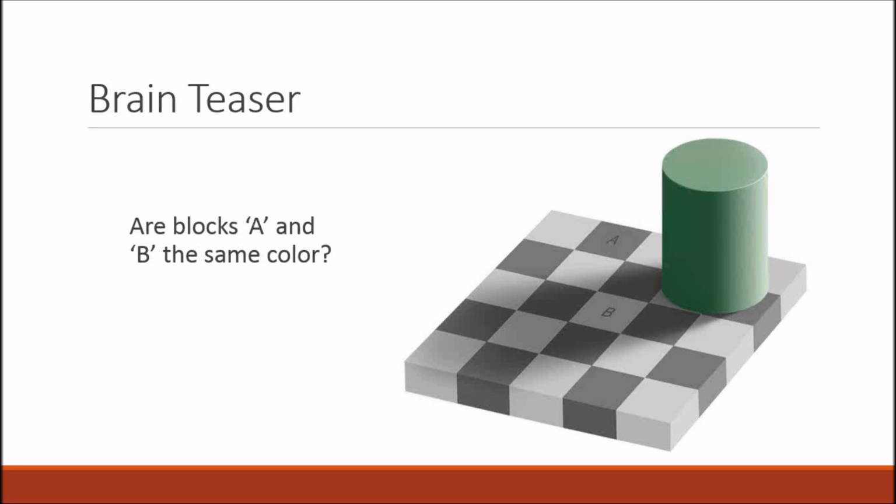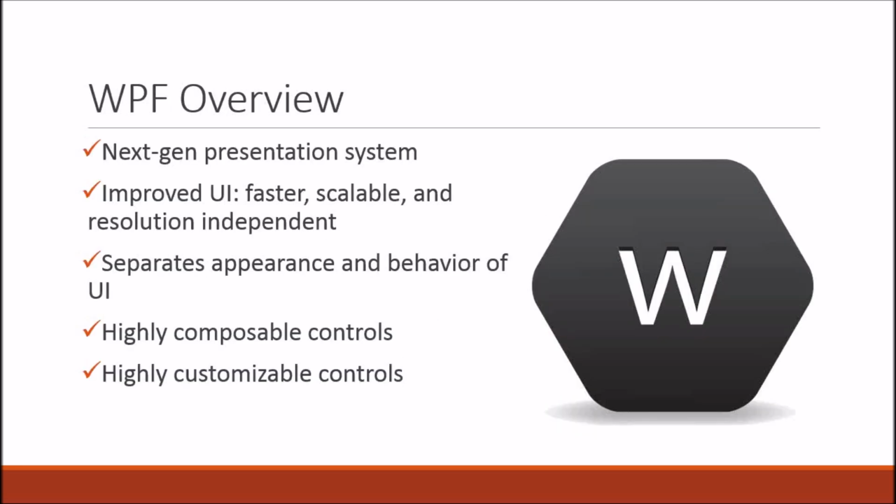The reason they seem to be different is that our minds are trained to recognize shadows that distort our perception. So that's why A and B look a little different in their backgrounds, but they are the same color. And towards the end of the presentation, we will show you how they're the same color.